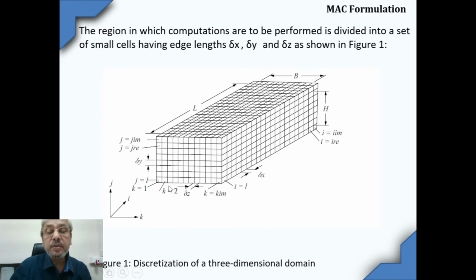And each small segment in Z direction is delta Z. Each small segment, or the cell width in Y direction is delta Y, and X direction is delta X. So this is how we discretize a domain.